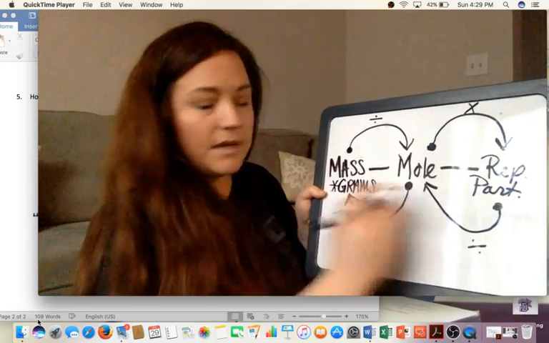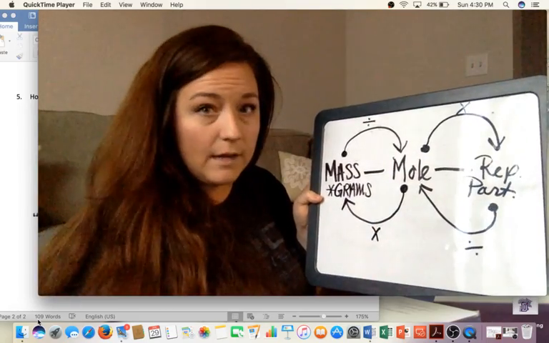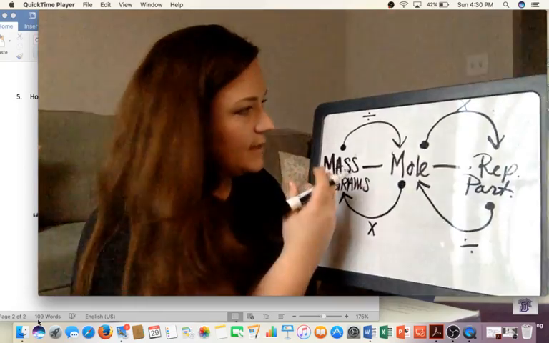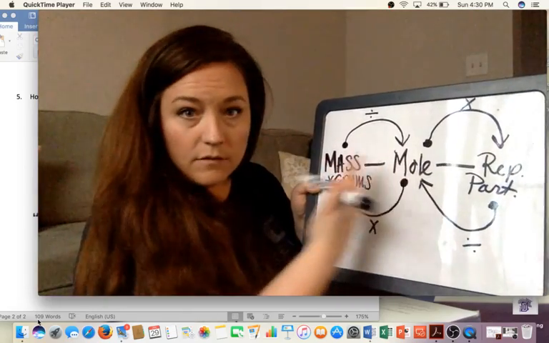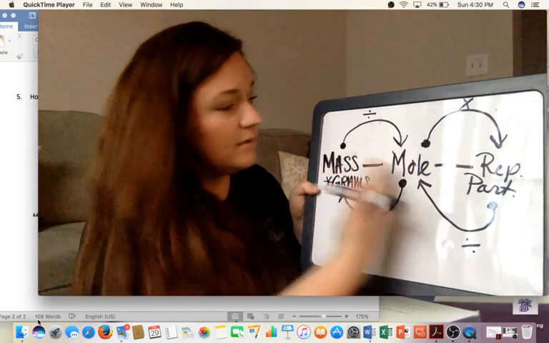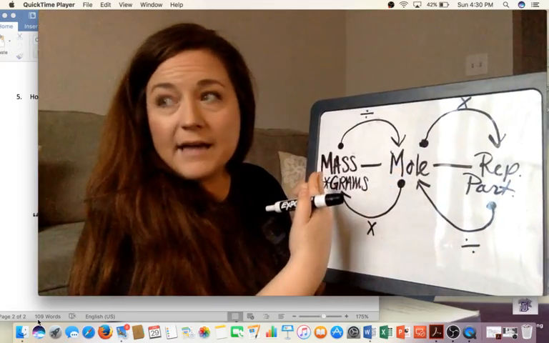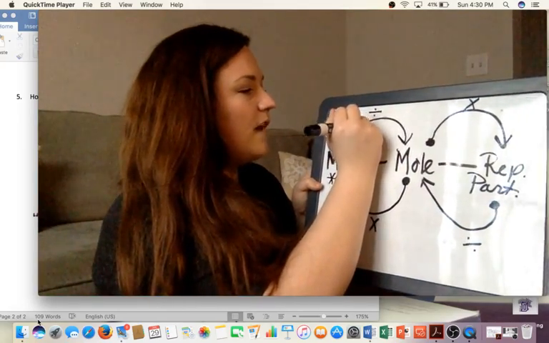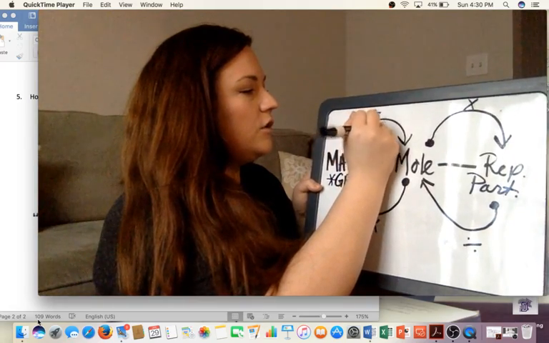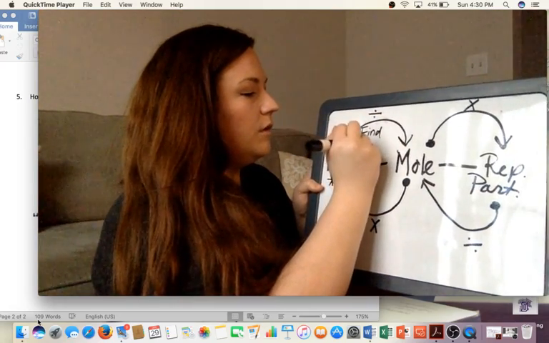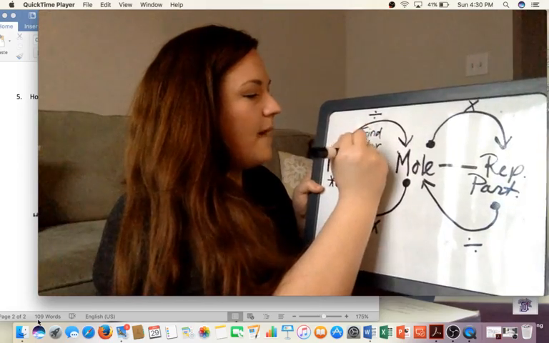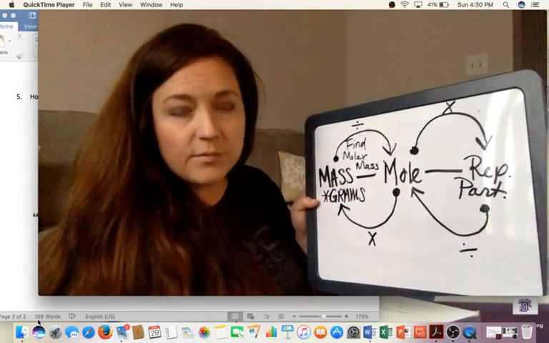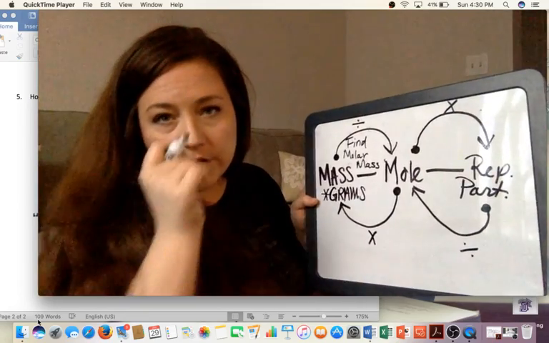Now, the major difference in what I'm multiplying and what I'm dividing by is this. Whenever you are converting from mass to mole, mole to mass, you are going to have to first find and use molar mass, which we just went over on the question above.